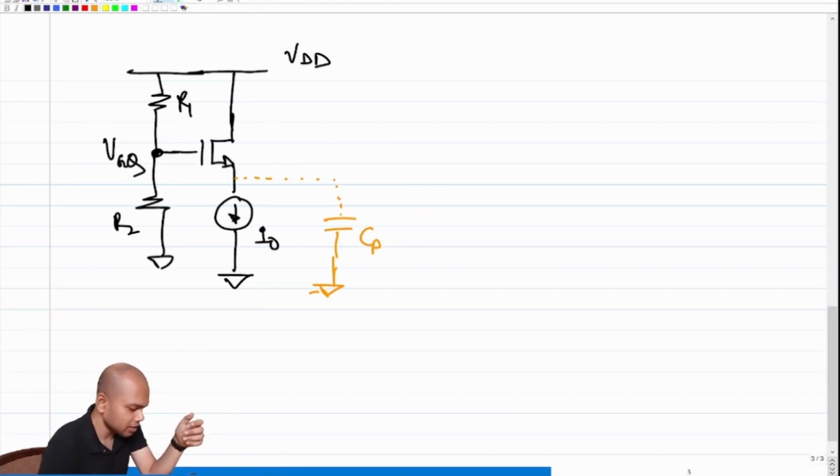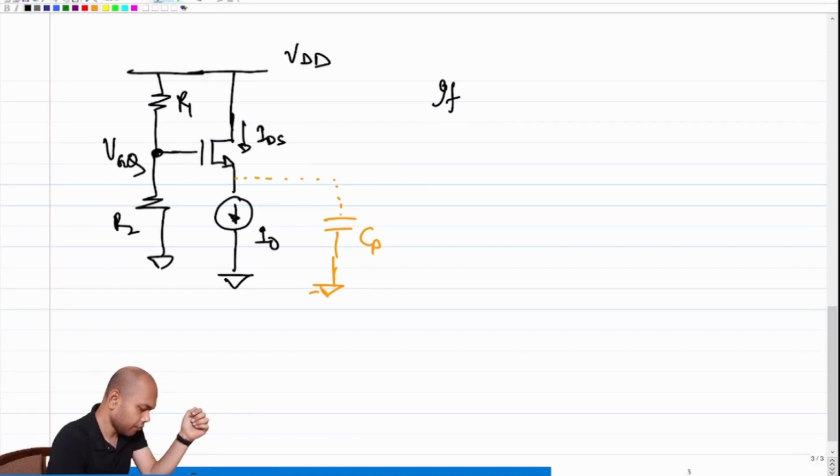Without a capacitance, it becomes difficult to visualize the effect, everything becomes instantaneous. So this is IDS, and the circuit is set up like this.